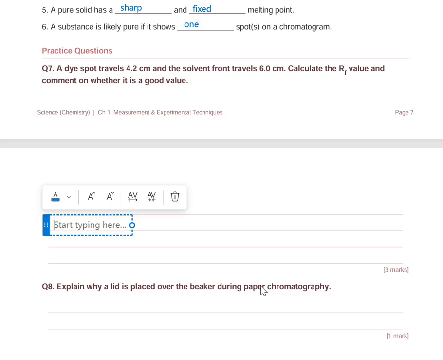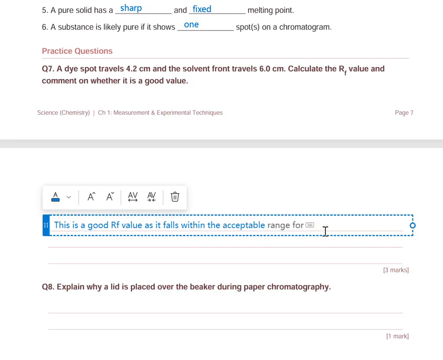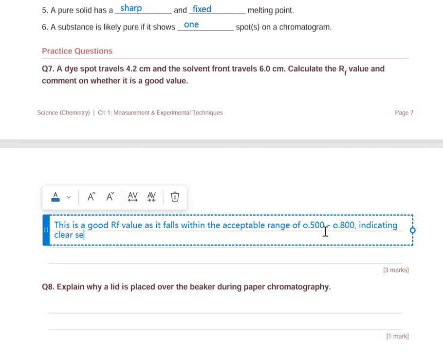This is a good Rf value as it is within the range of 0.50 to 0.80, indicating good separation.